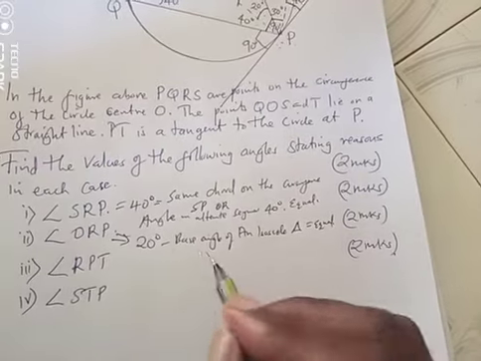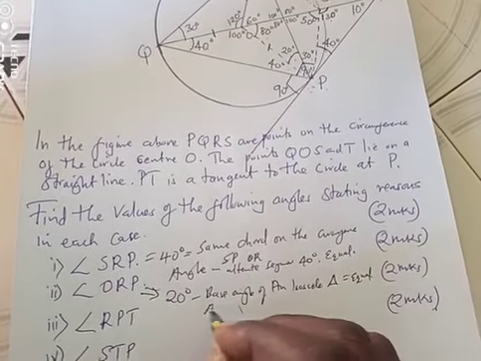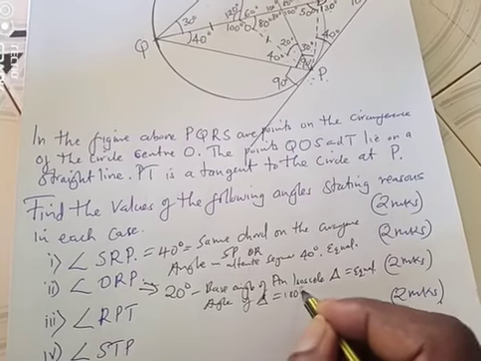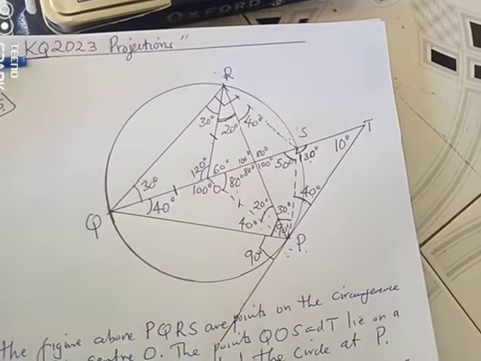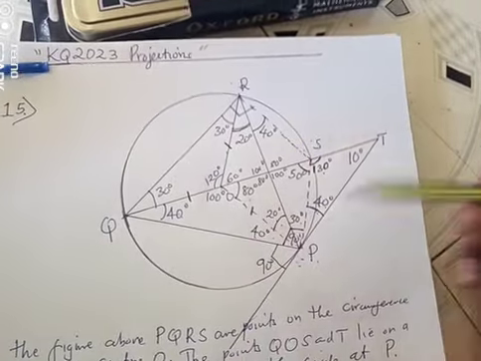Or somebody can just say simply angle sum of a triangle add up to 180 degrees. Still the same thing. So all of them put together were able to give us the angle 20.